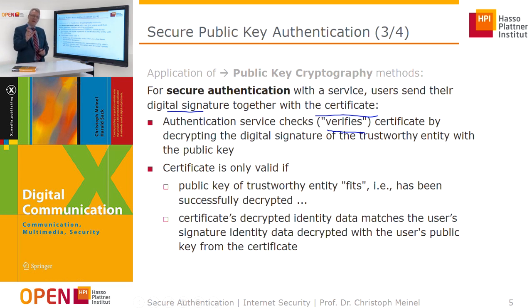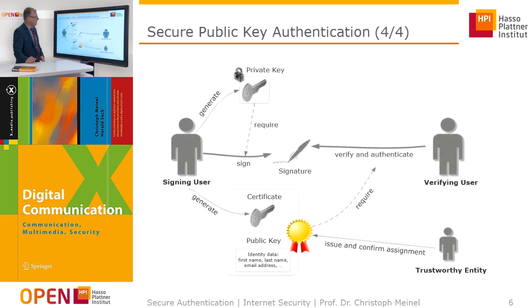The certificate part was a public key, and by means of the public key it's possible to decrypt the signature of the user. Remember, the signature was an encryption by the private key. Then the authentication service can be sure that the user is the right one and can authenticate the user.